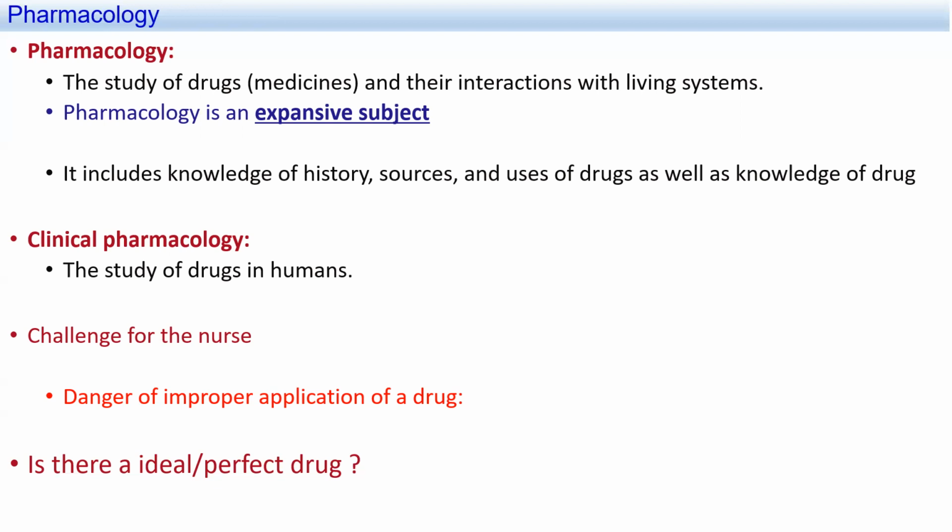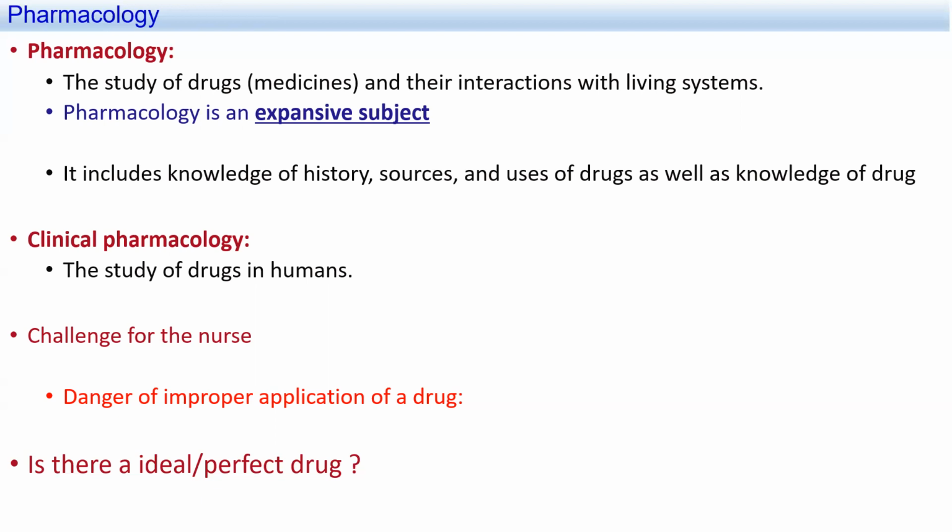It will include knowledge of the history, sources, and uses of drugs, as well as knowledge of the drug. For every single drug, we need to know about their absorption, distribution, metabolism, and excretion. That's what I meant about following the drug since it's been administered until it's being excreted.